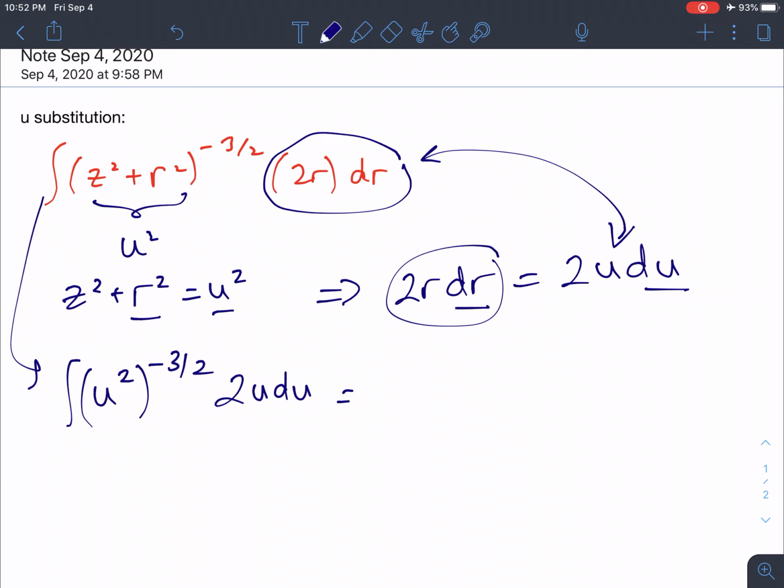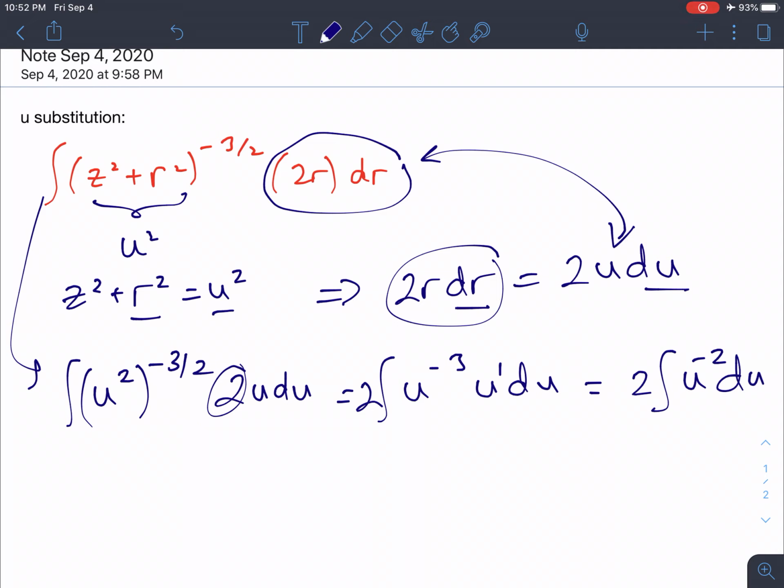So let's see what is left here. u squared to the negative 3 halves is going to be u to the negative 3, and this 2 is going to come out. We have another u and du, and this is going to be 2u to the negative 2 because this has a power of 1. You're just going to add the exponents, so it becomes negative 2 and du.